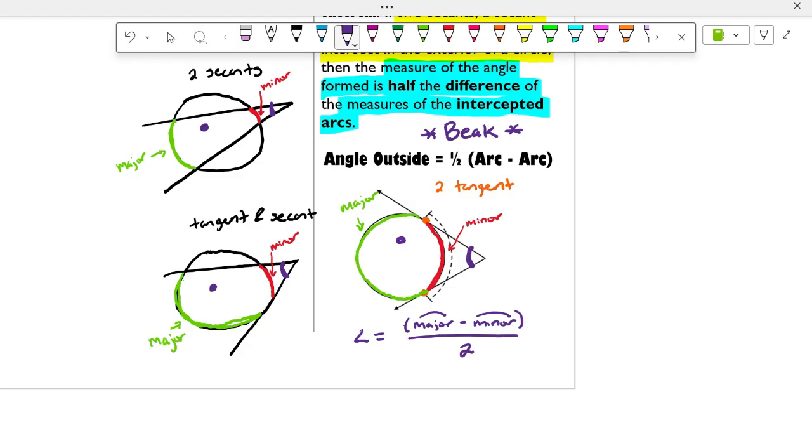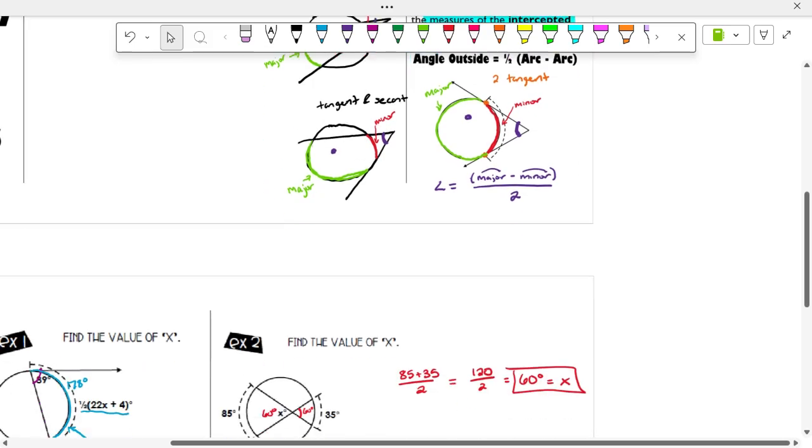This is a bird with, I don't know, a goiter or something. All right. So we call those beaks. So let's actually look at some problems like that.